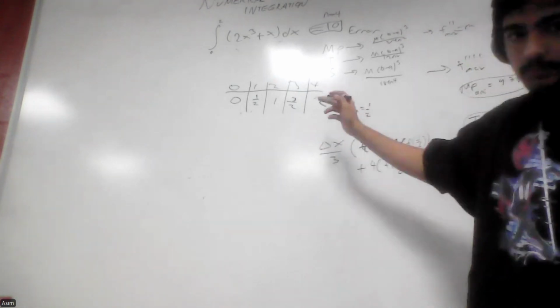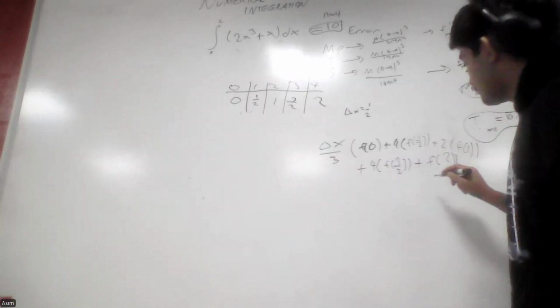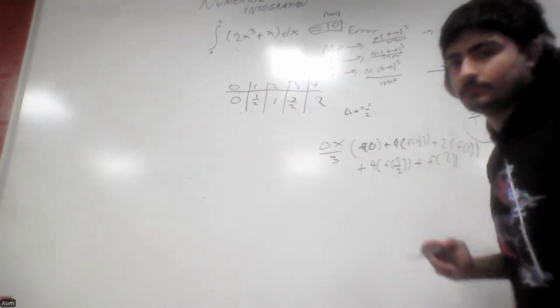And now, since we're at the last one, we do f of 2 one time, or 1 times f of 2.